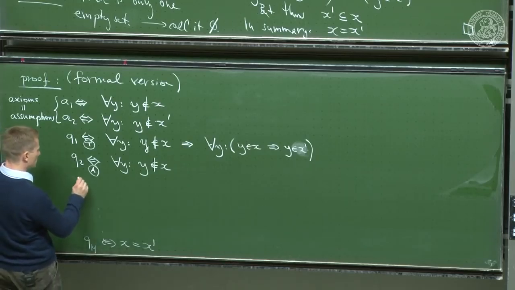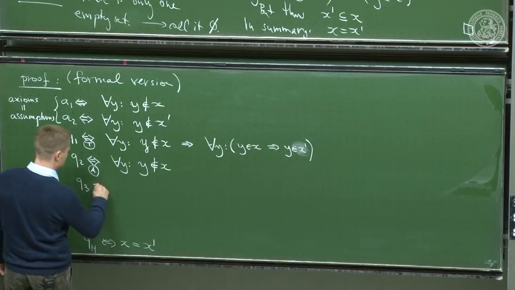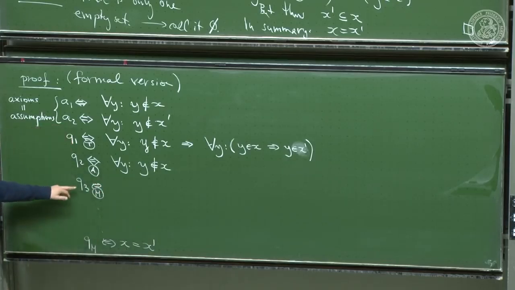And then Q3, we use the modus ponens. That's the third deduction rule, M. What did it say? It said that you take two prior steps of the proof. Well, there's only these two. And you put an and between them.